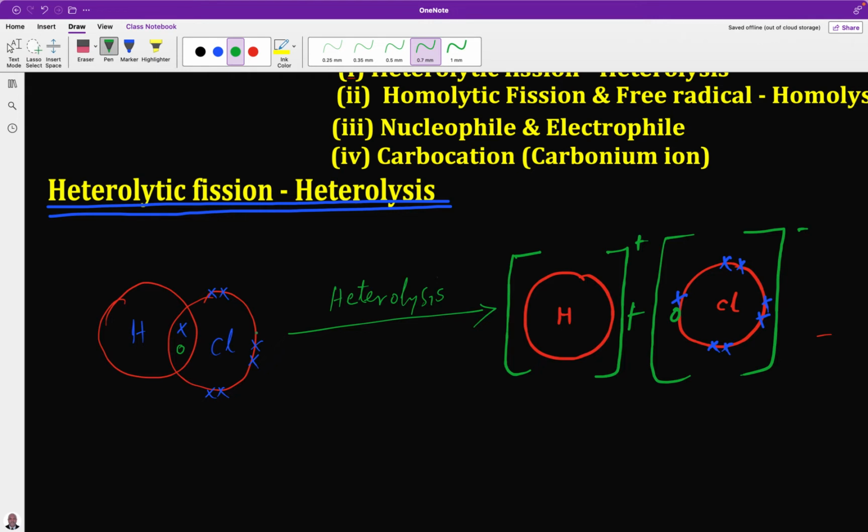You now see that in the hydrogen chloride bond, the two electrons are shared. During heterolysis, during the breakage, the more electronegative atom, which is chlorine, takes both electrons in the bonding.